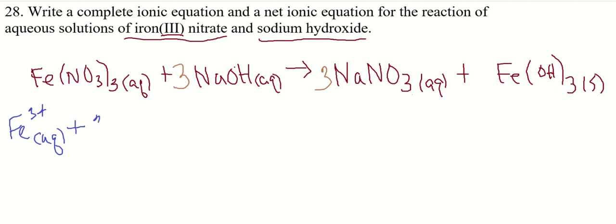And there's 3 nitrates, so I'm going to bring that up here to the coefficient. A lot of times you can balance this at the end. I'm just going to do it as I go. All right, we need the charges here because these are now freely floating around the water.